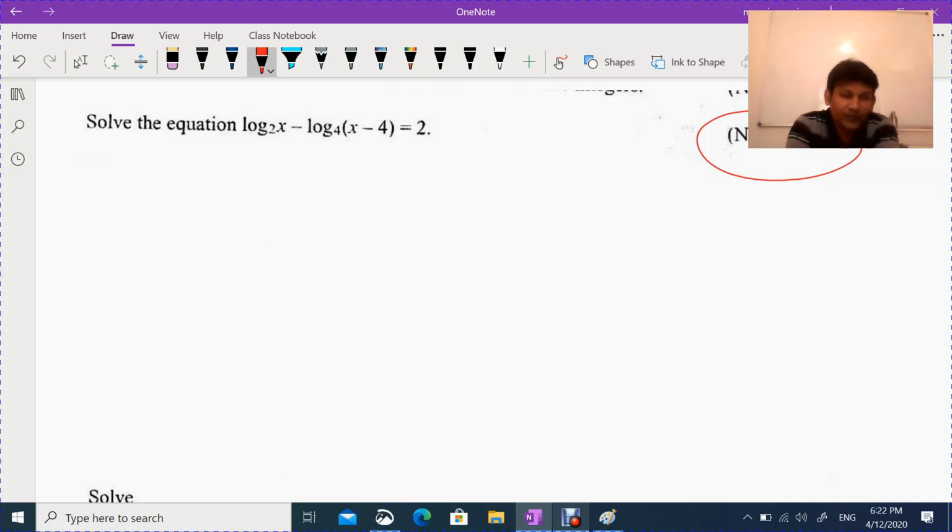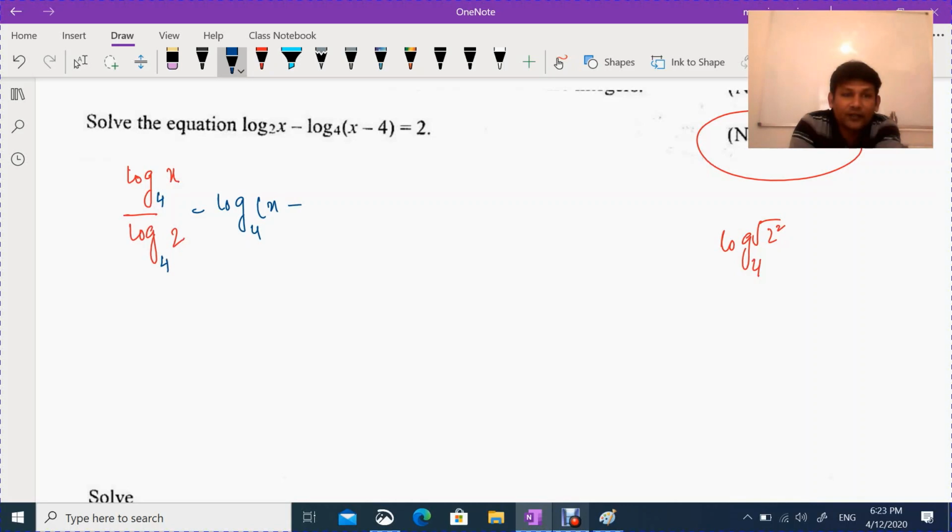When I want to make it base 4, remember I discussed with you that when you have base 4 and 2 here, you can write root and square. So I want to make this base 4. This is log base 4 of x upon 2, then minus log base 4 of (4x minus 4).